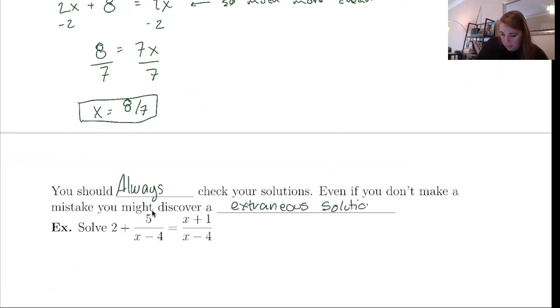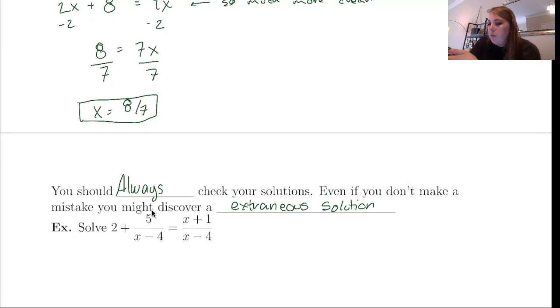Let me Google the definition. It is a solution that emerges from the process of solving an equation, but is not a valid solution to the problem.